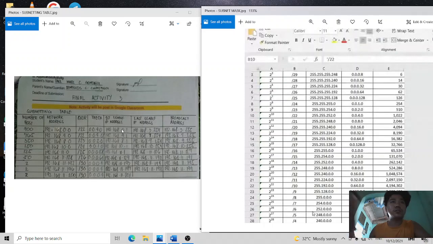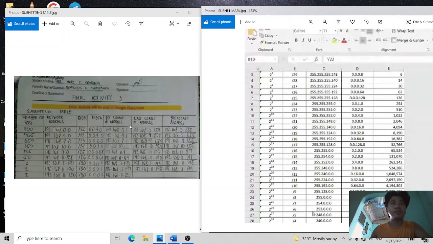The first usable: the formula is get the network address and plus 1. So 192.168.0.0 equals 192.168.0.1. Just plus 1.